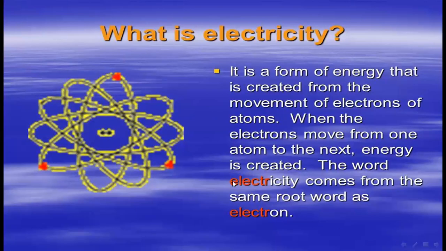First of all, you must know what is electricity. Electricity is a form of energy that is created from the movement of electrons of atoms. When the electrons move from one atom to the next, energy is created. The word electricity comes from the same root word as electron.